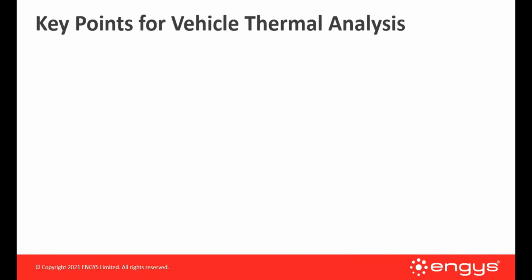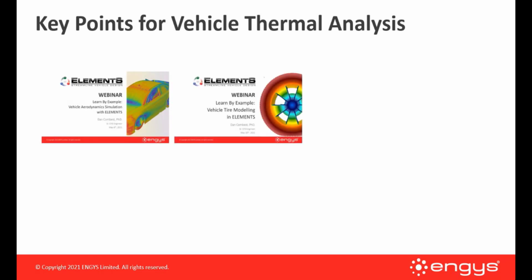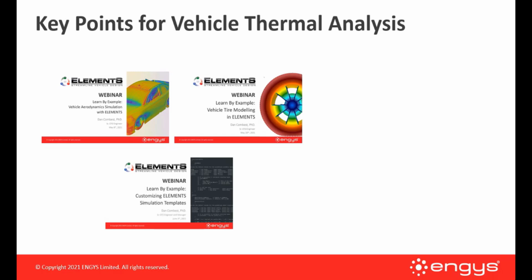Right, so in our previous webinars, you have seen some important considerations related to external aerodynamics, vehicle tire modeling, and porous media simulations, and how we can easily set up and obtain good results for that using Elements framework.